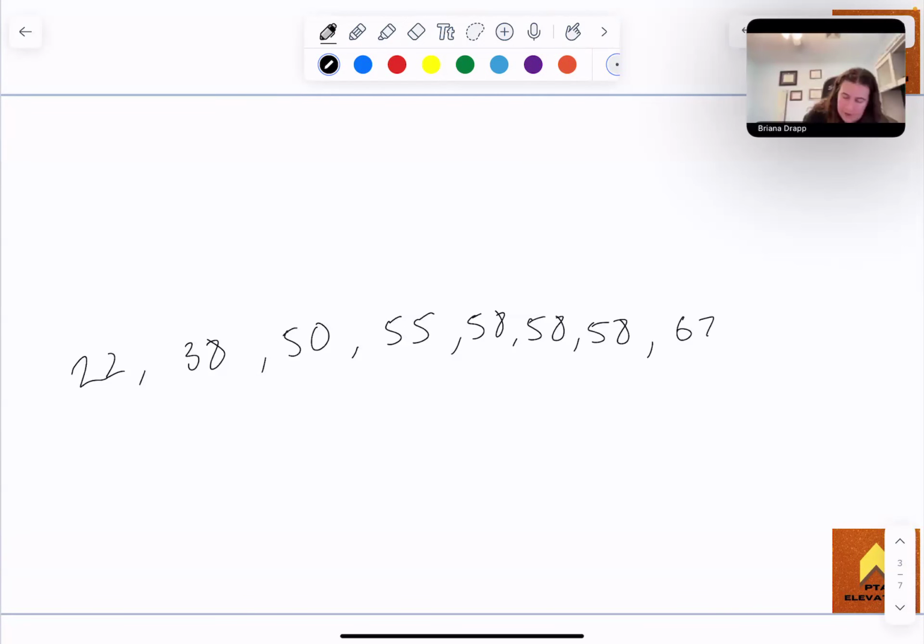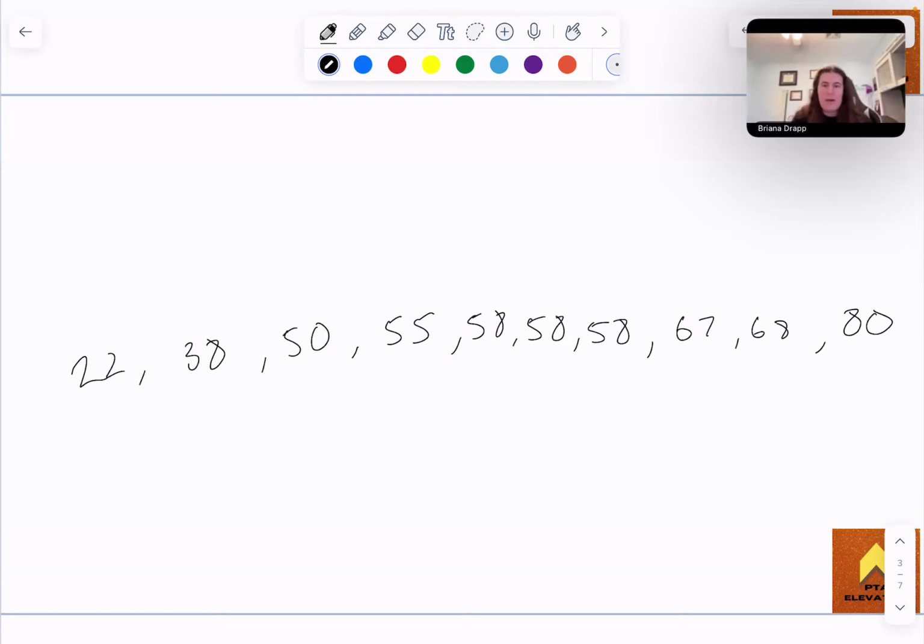Let's just do 67 just for funsies. What are we at? 1, 2, 3, 4, 5, 6, 7, 8. We need two more. Let's say 68. And then let's say that we have that 80-year-old. So I was just giving you your set of 10 numbers here. These are all of our individuals who said they started having arthritis at this age.